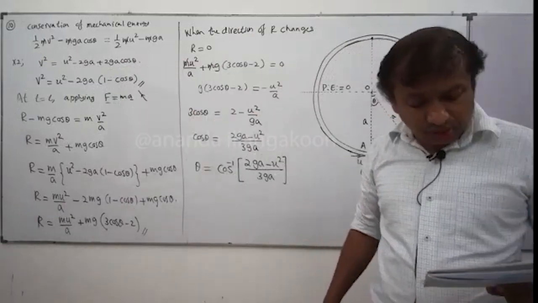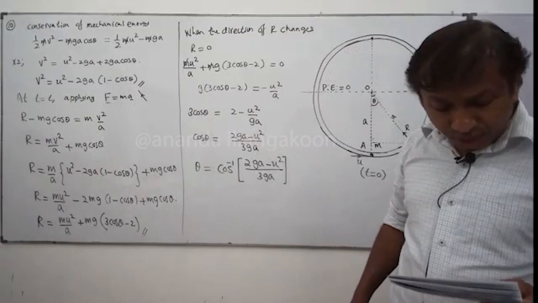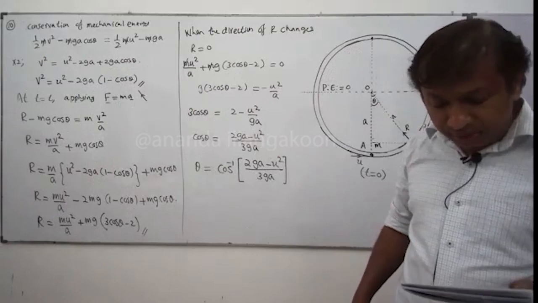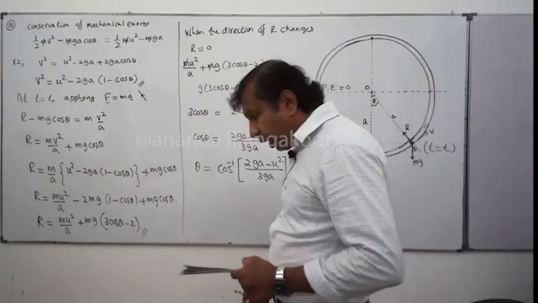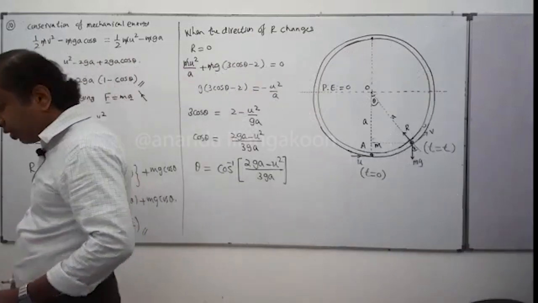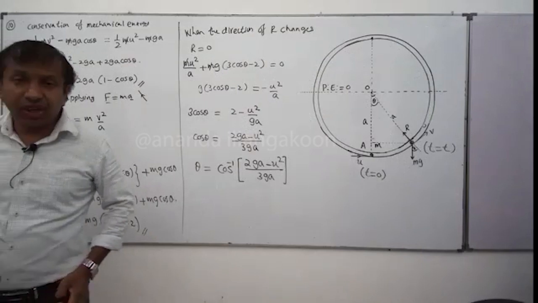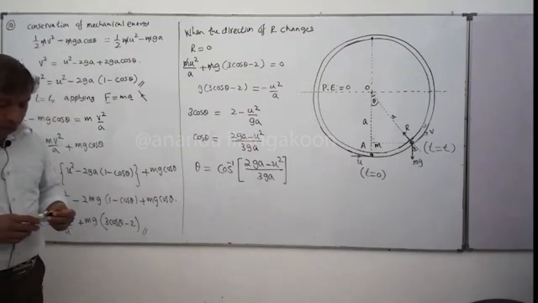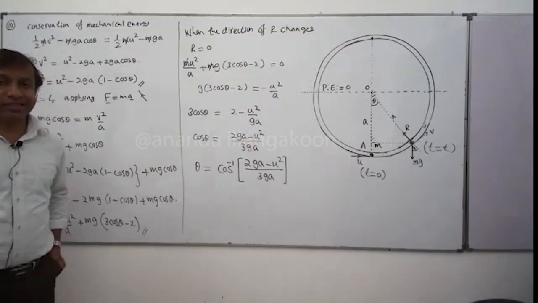Show also that if u squared is greater than or equal to 4gA, the particle describes complete circles. Now can you give me the condition which is required for this particle to move in complete circles?